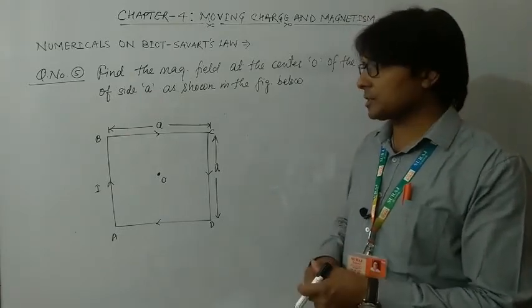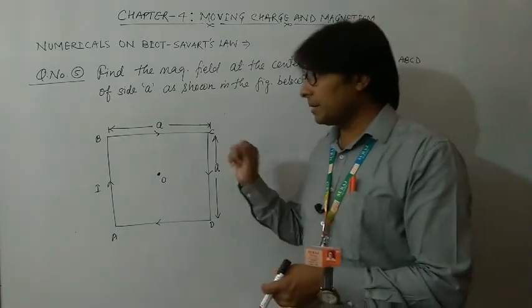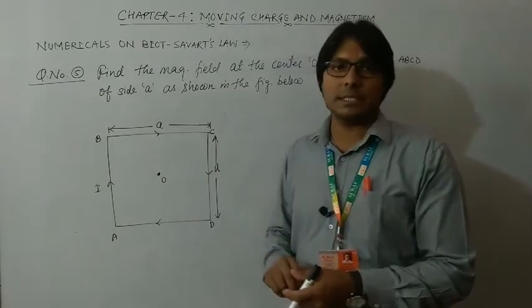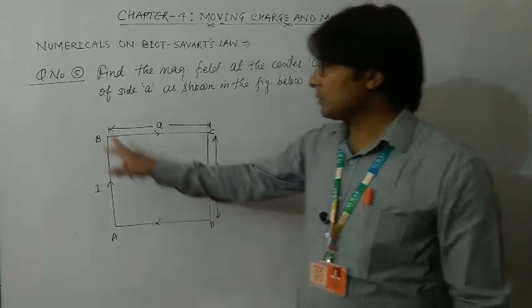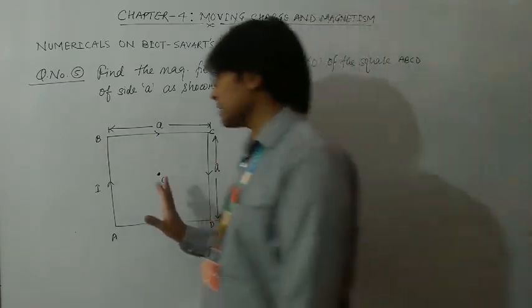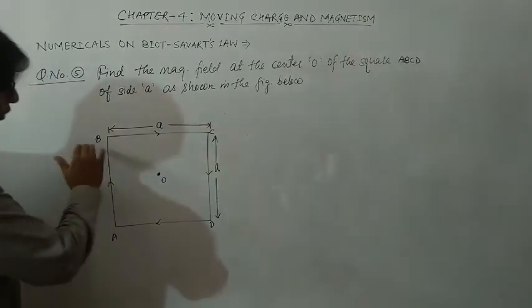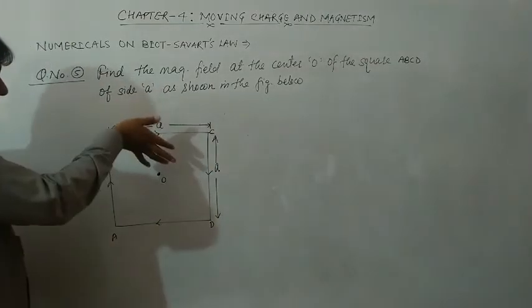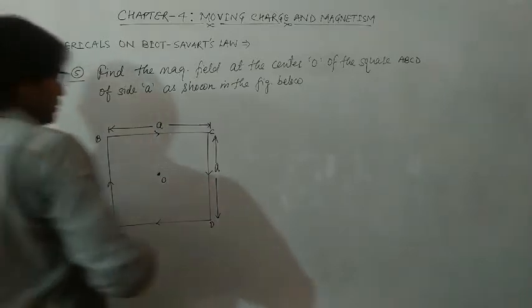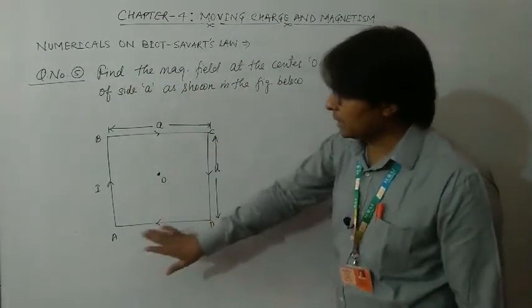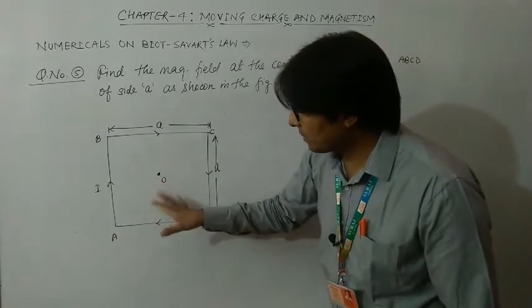Let us check the direction first, because we can add up these four magnetic fields only when the direction is the same. Due to this wire AB, the direction of magnetic field will be inward. Due to this section, the magnetic field will be inward. Due to this CD part, the direction will be inward, and due to this DA part, the direction will be inward.